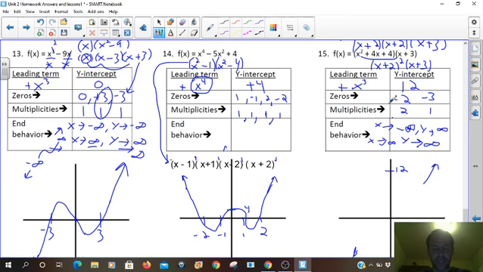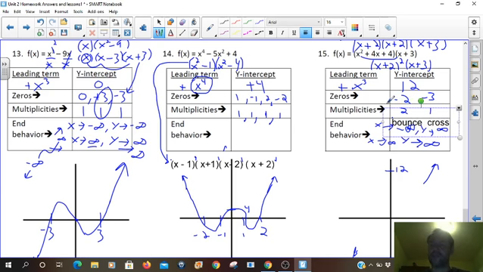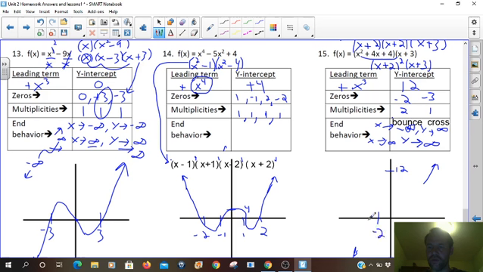So 2 means to bounce, and then the 1 means to cross through, right? Bounce and cross through. Nice. So at negative 2, we're going to bounce, and at negative 3, we're going to cross through, right?